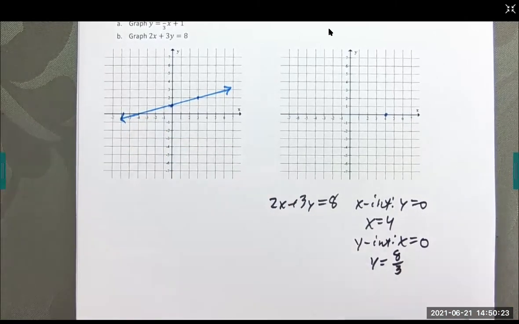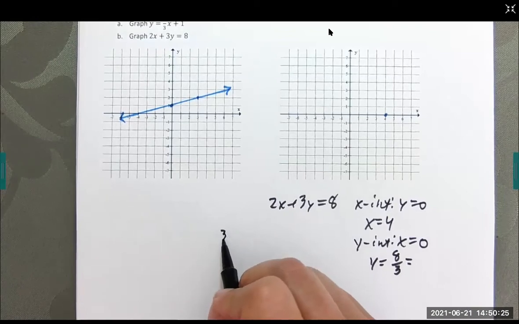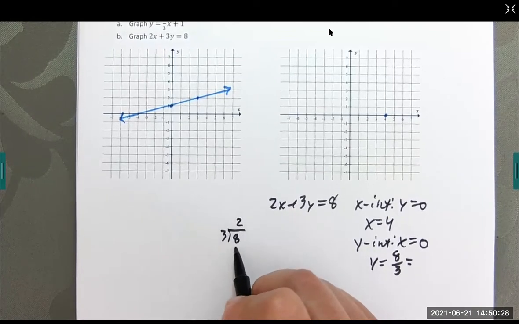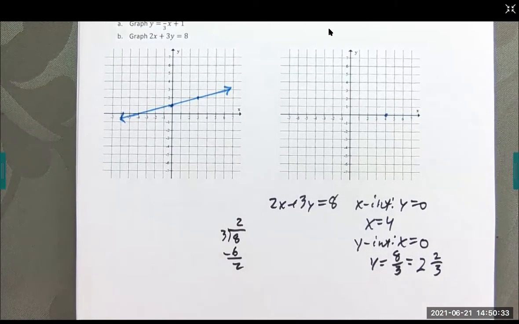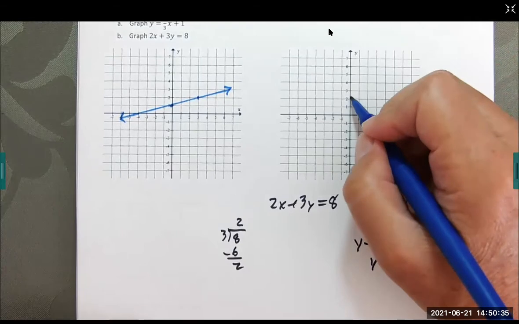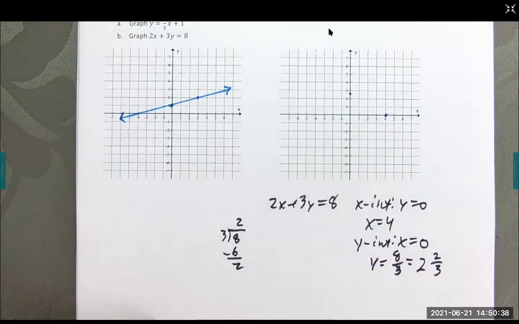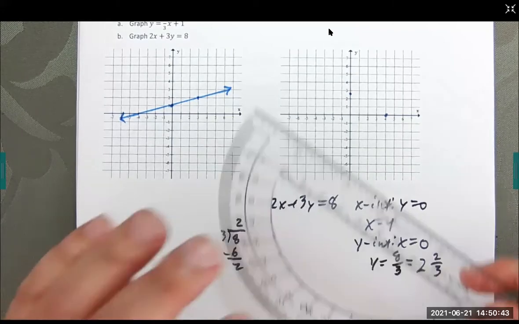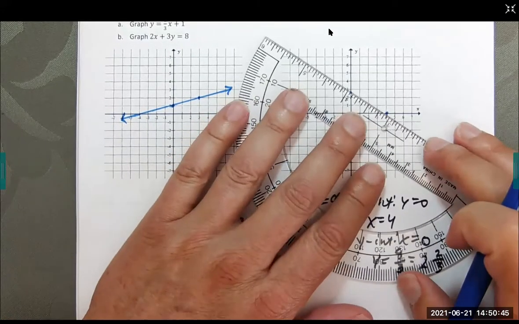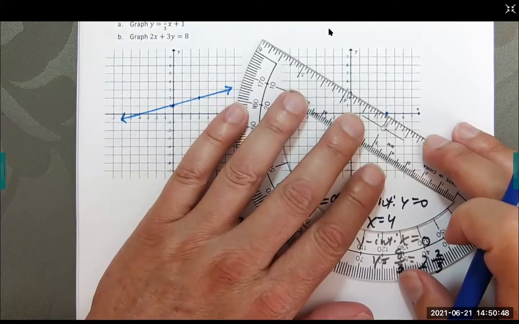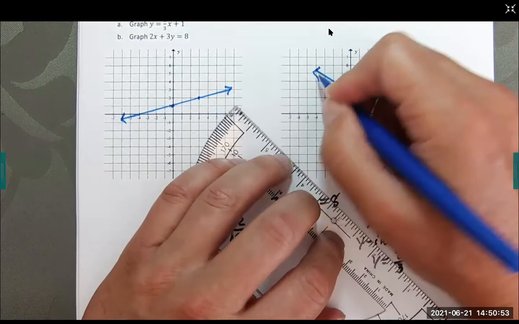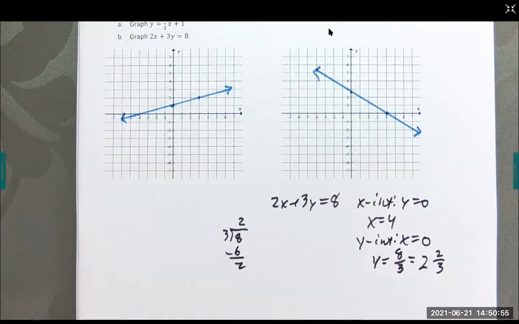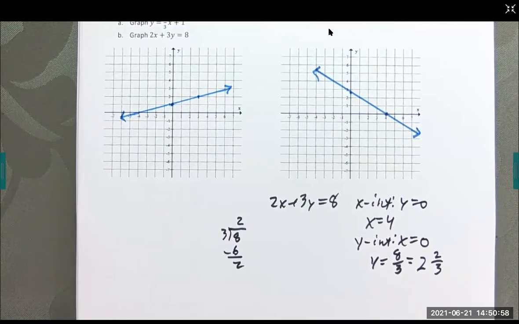And that 8/3, if you divide that out, so this becomes 2 2/3 on the y-axis. So here's 2 2/3 of the way is about there. Let's draw in our straight line. So we can deal with fractions. They don't have to all be nice, pretty whole numbers, which is nice.